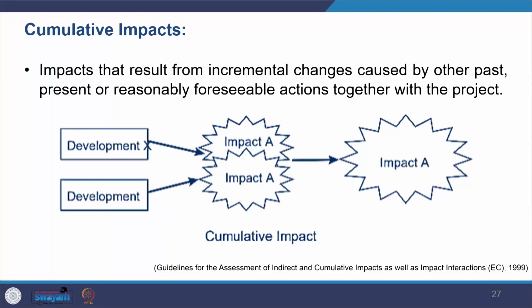And now seeing what is cumulative impact here, it is the impact that results from incremental changes caused by other past, present, or reasonably foreseeable actions together with the project. So you see impact A, and impact A in future, and then from one development to another development. So what's happening there? You see it that way.